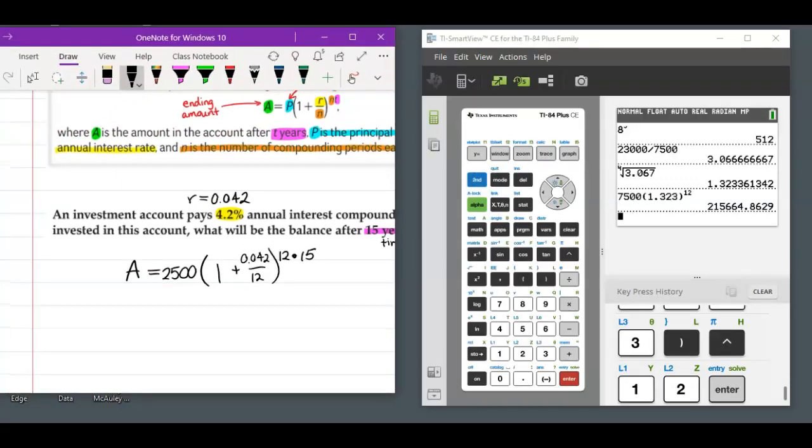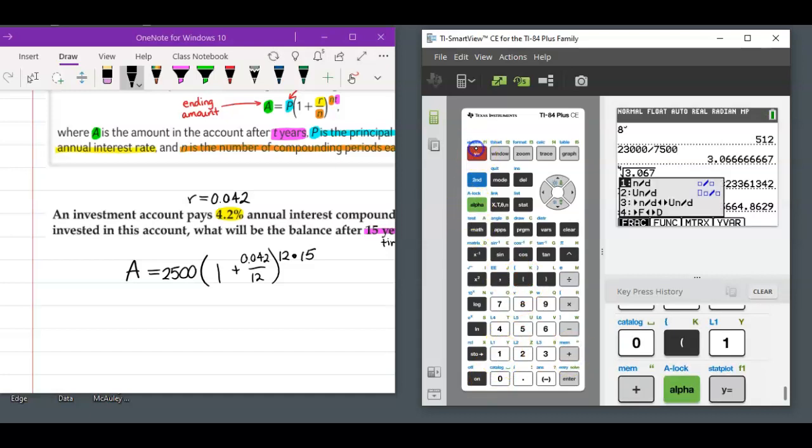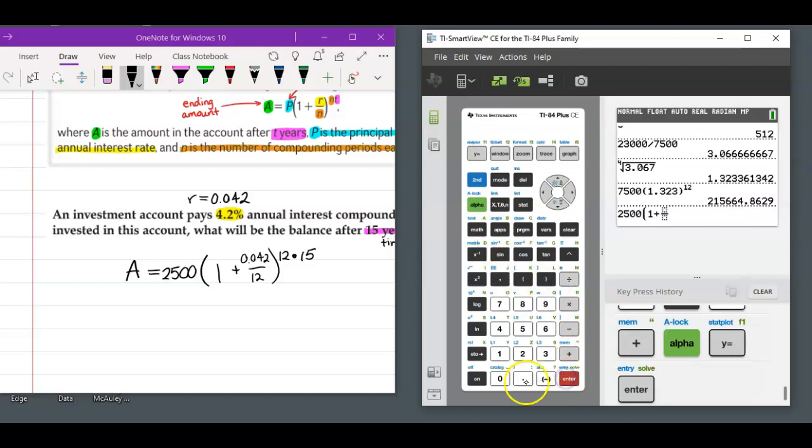Let's take a look at what this will look like on our calculator. First, we'll type 2,500, then Alpha y equals, 0.042 divided by 12. Close the parentheses.